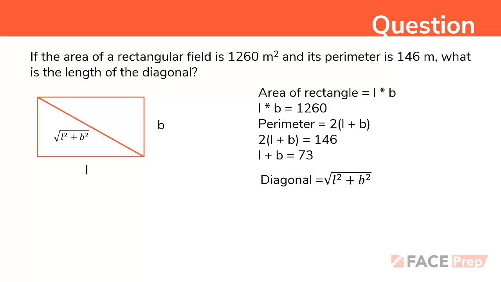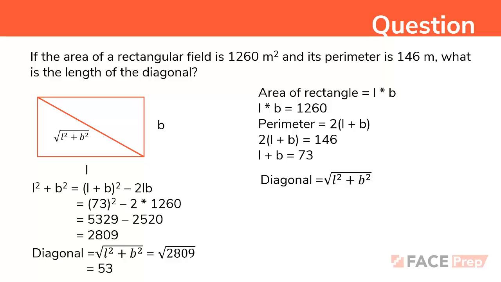L plus b I already know, I just have to square it. So let's apply that concept. L square plus b square is L plus b whole square minus 2L into b. L plus b I know is 73, and L into b I know is 1260.